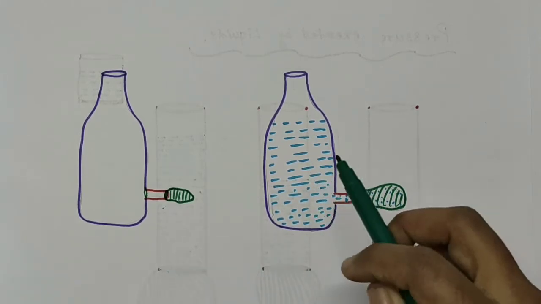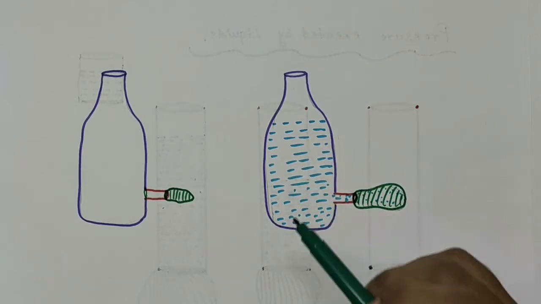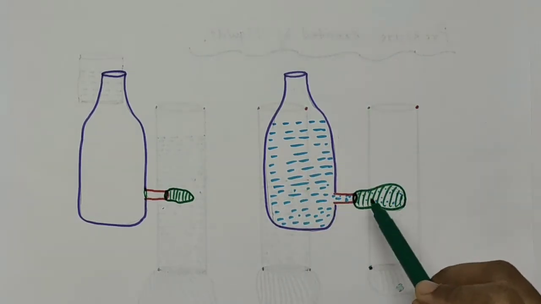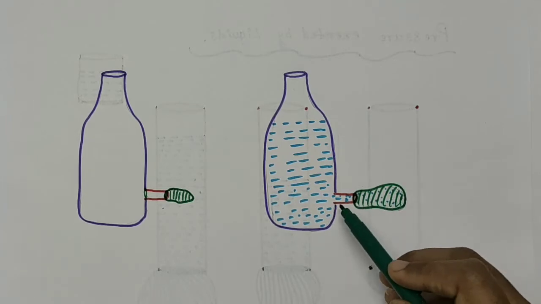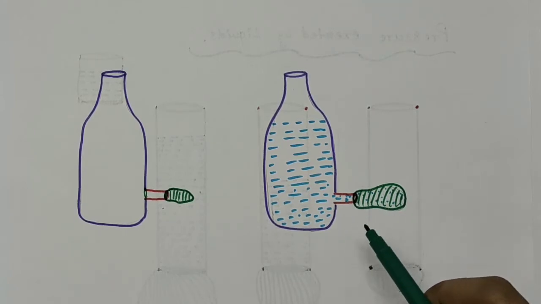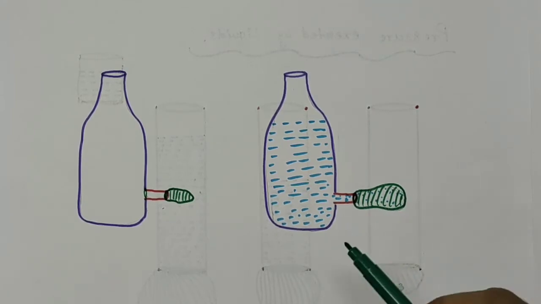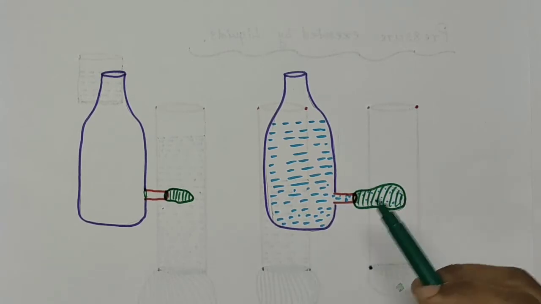In the second figure, we have filled the bottle with some water. What do you observe here? The balloon which is fixed to the glass tube bulges a little. Now, if we pour some more water in the bottle, what happens?